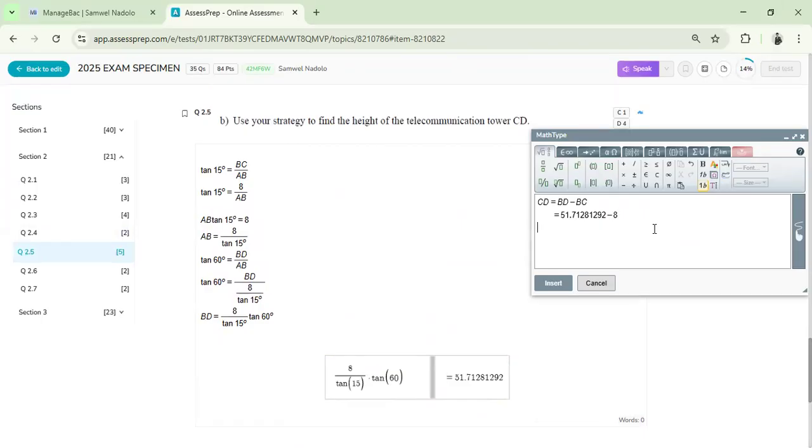These are whole numbers, so if you subtract 8 from 51, you'll get 43. So your answer will be 43.71281292. You'll only need your answer to two decimal places unless they have stated otherwise. So your answer should be 43.71 meters.